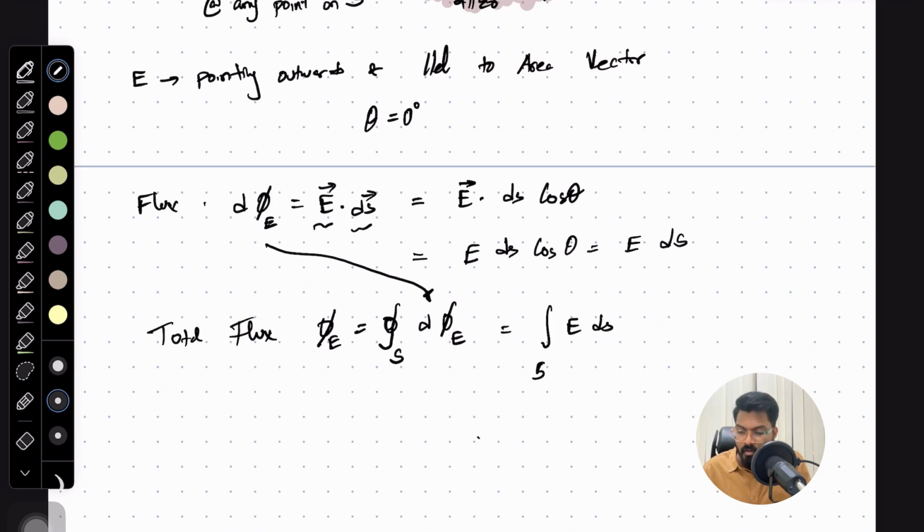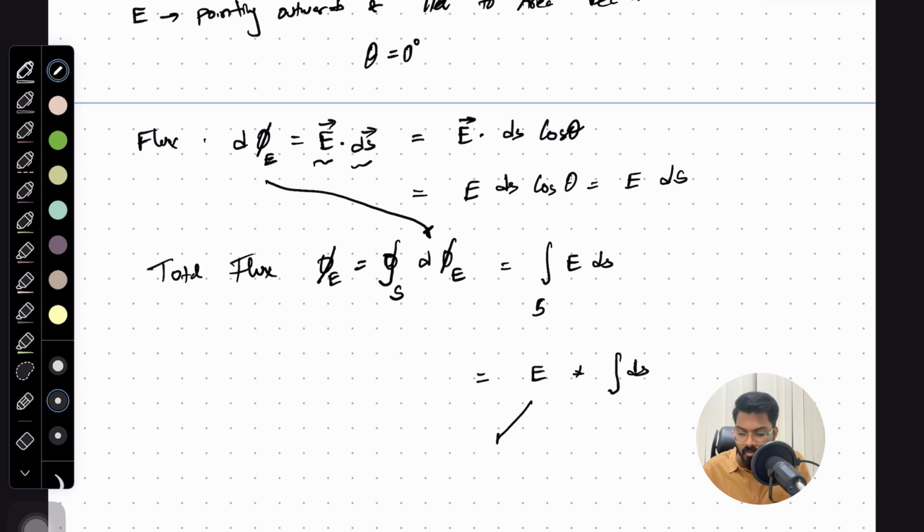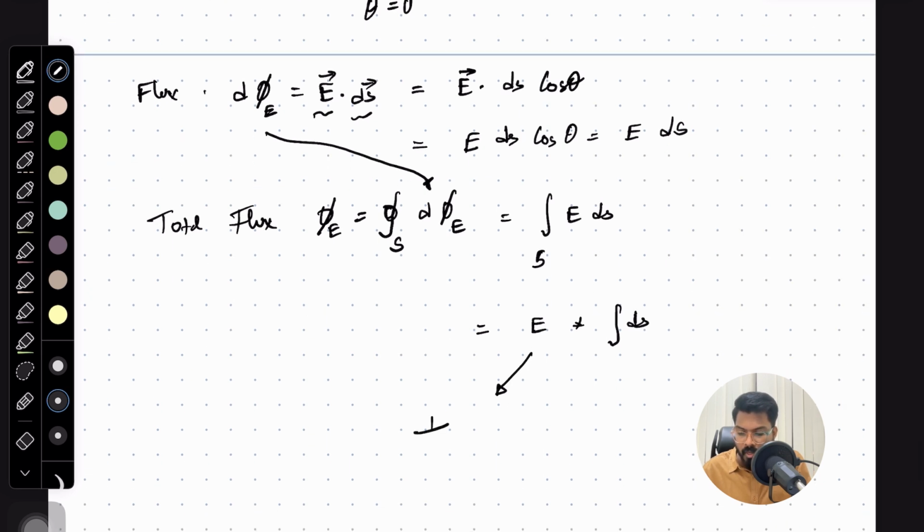I take E out, so I have the integral of dS. E is something we already know, which is 1 by 4 pi epsilon naught into Q by r square.